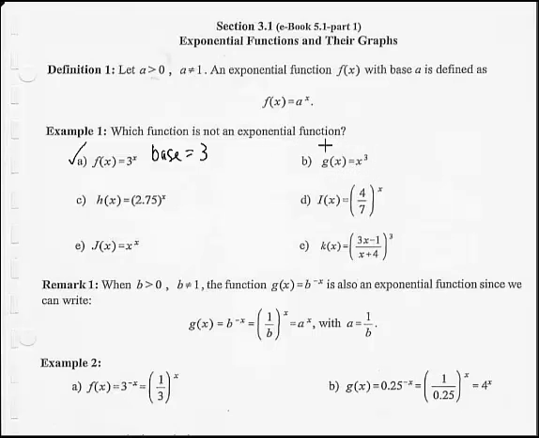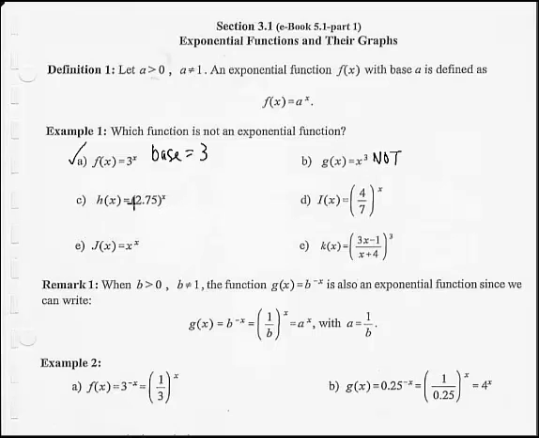Well, this is a polynomial. Okay, as we worked with in Chapter 2, our base is the x variable, not a number as in the format above. So this would not be an exponential function.